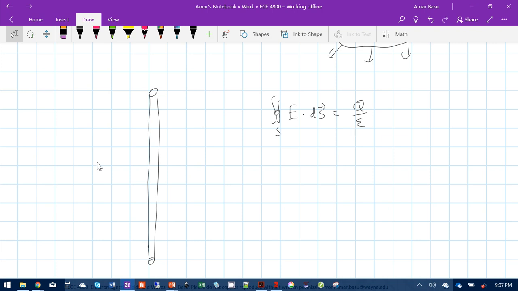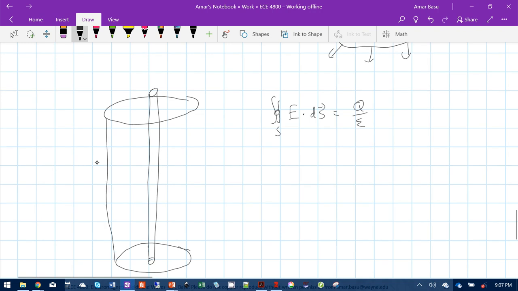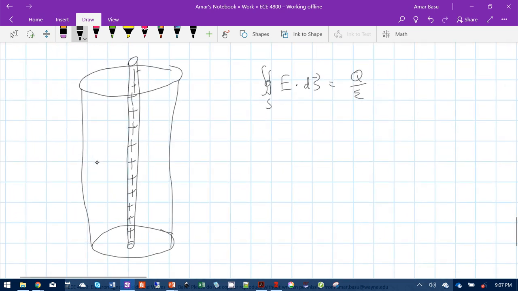All right, so let's draw the cylinder so everyone can see this. Now, let's say we have a cylinder, and within that cylinder, we have this line of charge. Now from the symmetry of the previous problem, the problem is still the same, we're just solving it a different way.